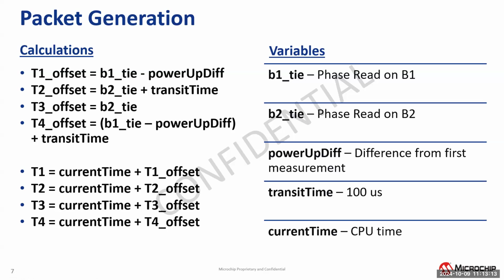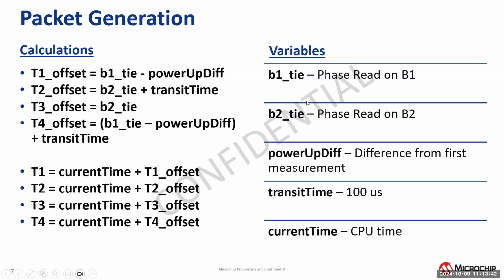We kind of do this to normalize the phase values between the two boards. And then the transit time. This is just a constant value added to make the 1588 algorithm happy. Generally, it wouldn't understand a transit time of 0. It wouldn't really work well with the algorithm. And then the current time is just the current CPU time at the local device.